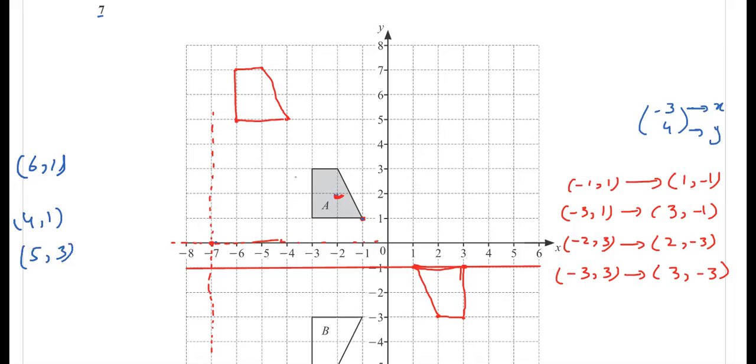Now the coordinates of this point from this center of enlargement: 1, 2, 3, 4, and 1, 2, 3, so (4, 3). Now these are the coordinates.